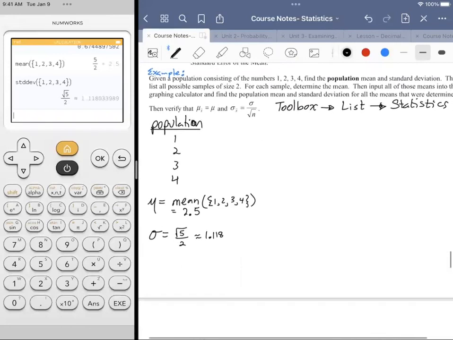So now what we need to do is create a list of all possible samples of size 2. All right. So samples of size 2, so that's where n is equal to 2, from the numbers 1, 2, 3, and 4.